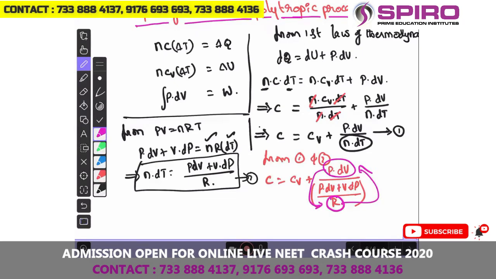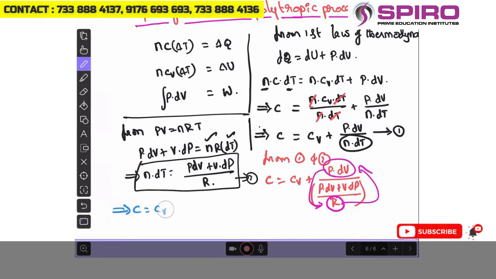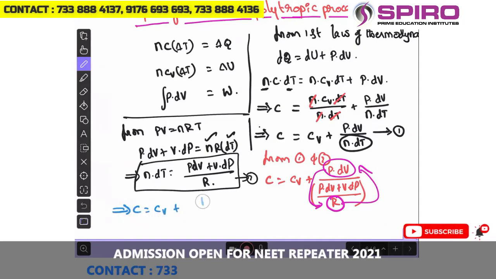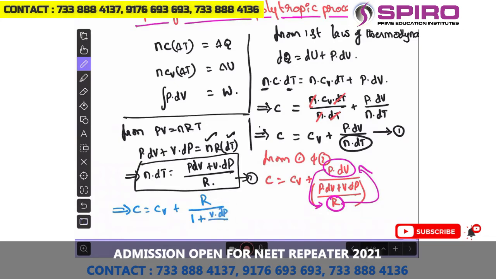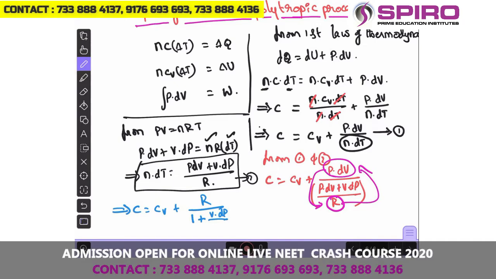What it becomes? Now C becomes C equal to Cv plus R by, 1 plus V dP divided by P dV.